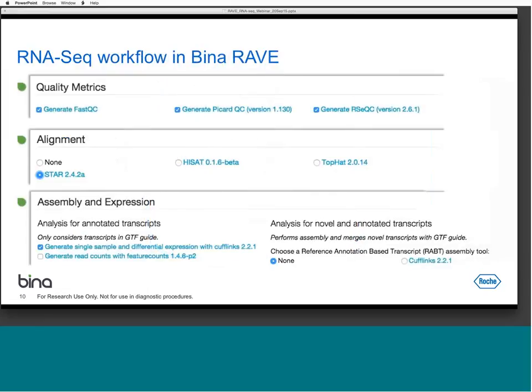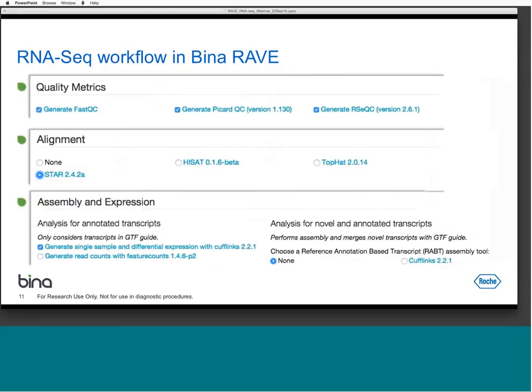So what does the UI look like? It's pretty straightforward. You go ahead and choose the RNA-Seq workflow and then decide which set of quality metrics you would like to generate and view. You have your choice of SAS QC, Picard QC, and RSeQC. And then for alignment, you have your choice of HISAT, TopHat, and STAR aligners.